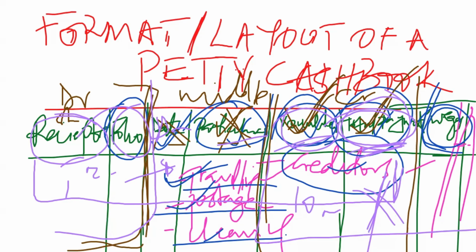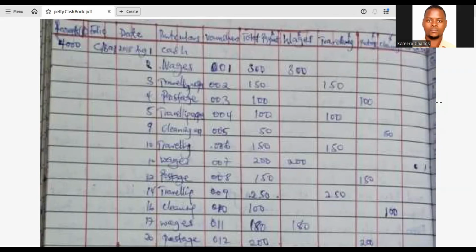But if the examiner has not given you these categories, then the examiner will expect you to form your own headings, depending on the different expenses they have given to you.